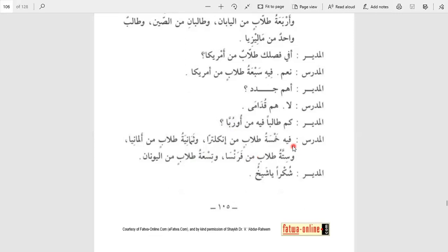Okay, so there are 5 students from England, Inglaterra is England, و8 طلاب من ألمانيا is Germany, و6 طلاب من فرنسا is France, فرنسية, و9 طلاب من اليونان, which is Greece. Yunan is Greece. It's not Germany. It's Greece.